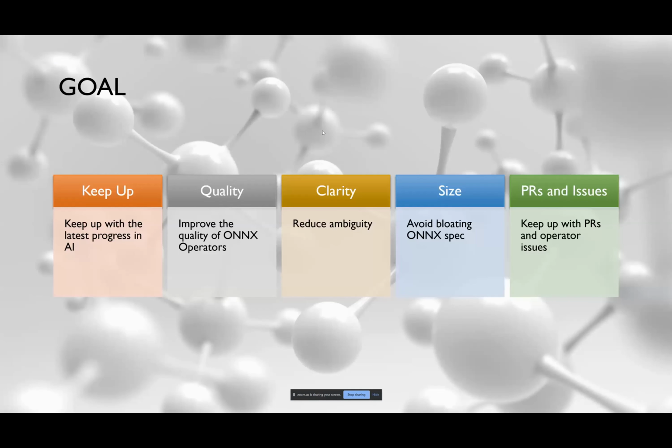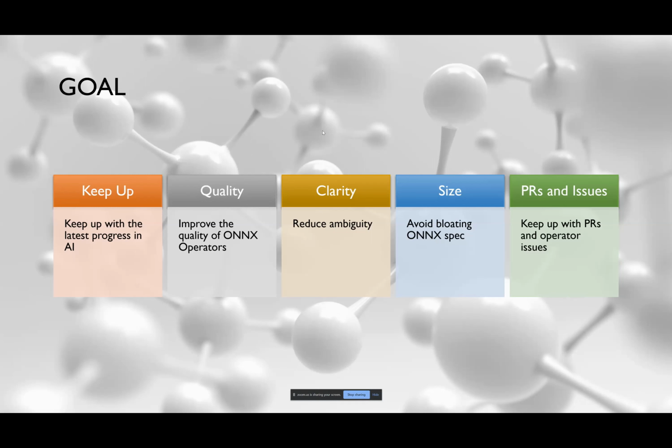So first of all, let's repeat what the goal of the operator SIG is. We have 5 primary goals that we are trying to adhere to. First, keep up with the latest AI progress and make sure that we have a list of operators that cover new models that are ready for production.